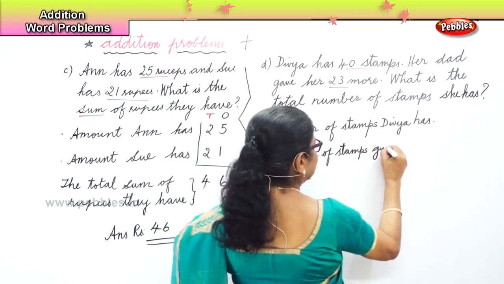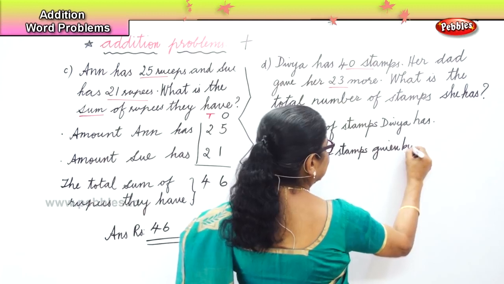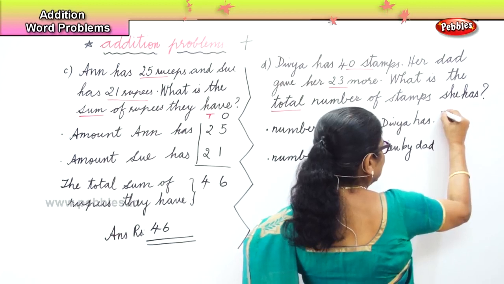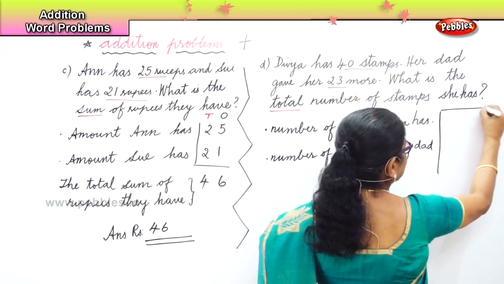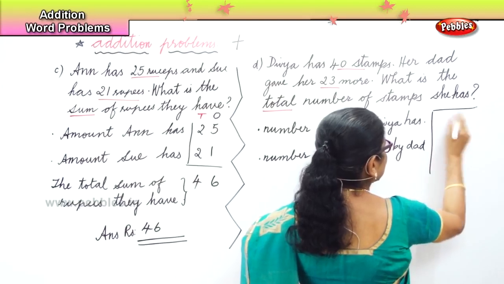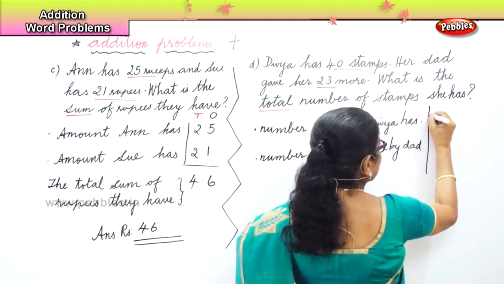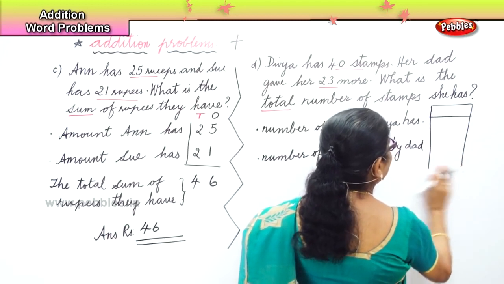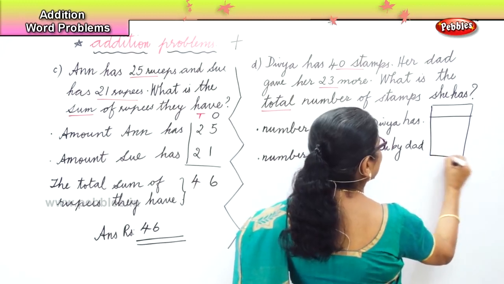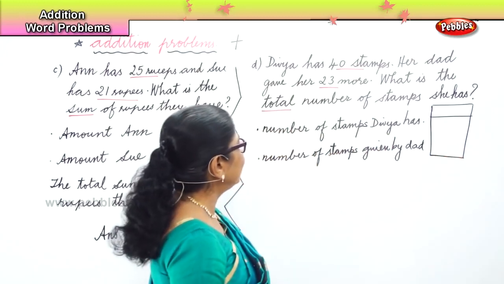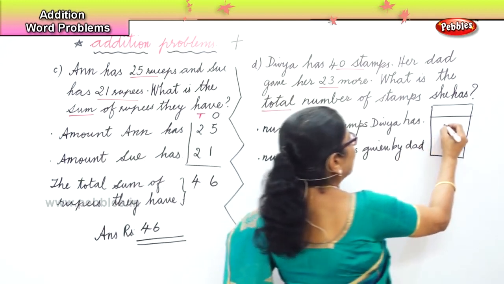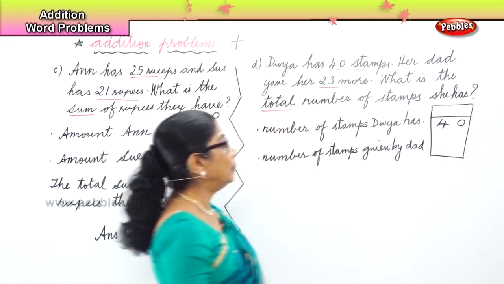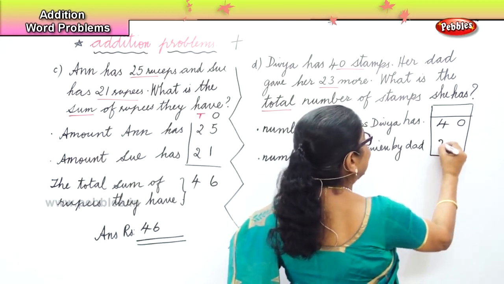So we need to do two statements here. Then we need to write tens and ones, and then we box it. Okay? Now, number of stamps Divya has, 40. Her dad gave her how many stamps? Number of stamps given by dad, 23.